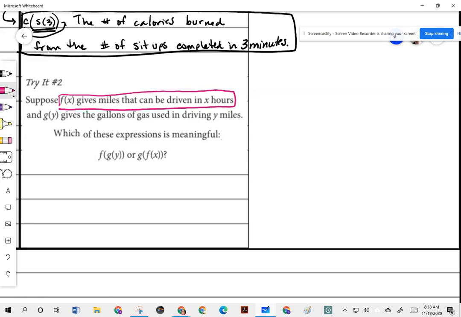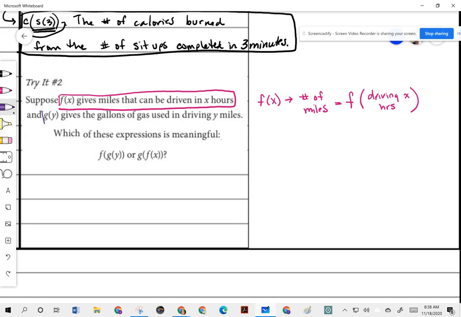Well, then that would indicate that f of x is going to be giving you the number of miles as the input is driving x hours. Okay, so remember the input is x hours. So if I drive 5 hours, then that means I can compute the number of miles that I drove.